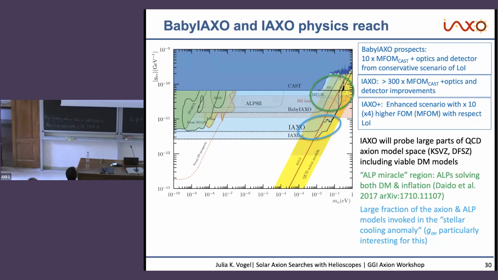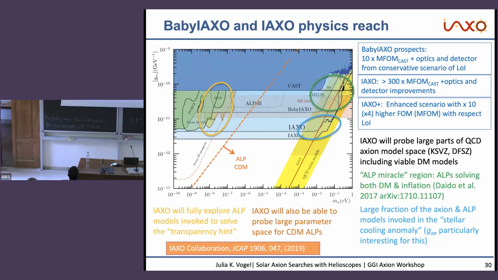We would have to consider axion-electron coupling for this one. Then there are some other regions at the lower masses that IAXO will be sensitive to. We've heard about the transparency hints, why we see some high energy photons that we shouldn't see at Earth from faraway objects. That could be probed by IAXO, as well as a range of cold dark matter candidates in this region over here.